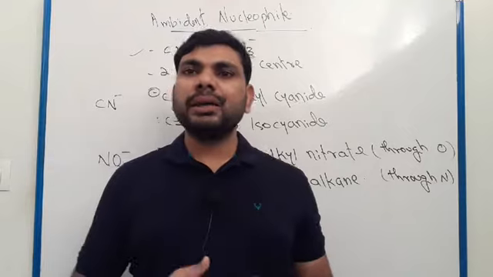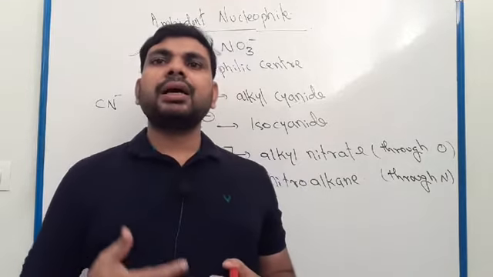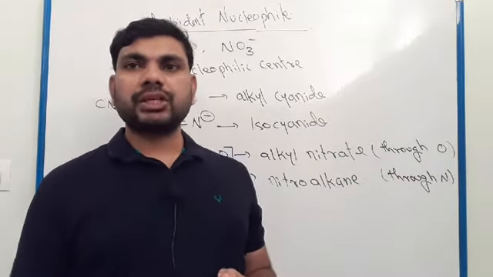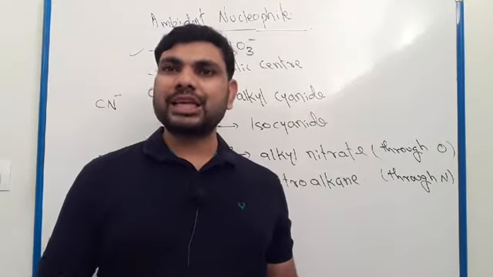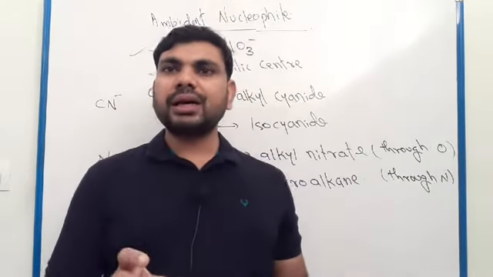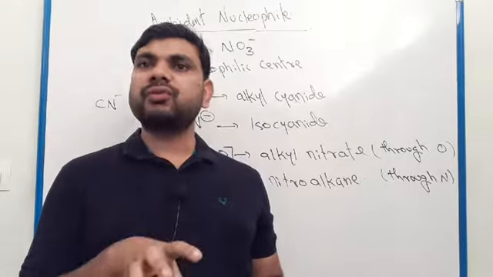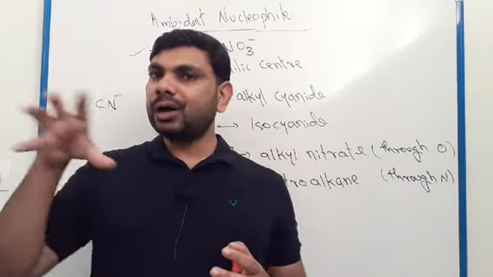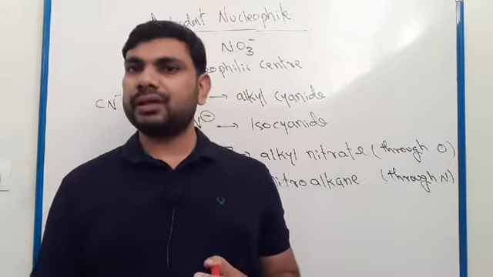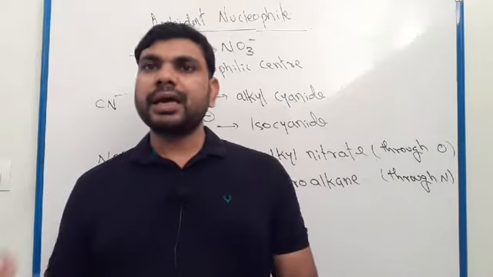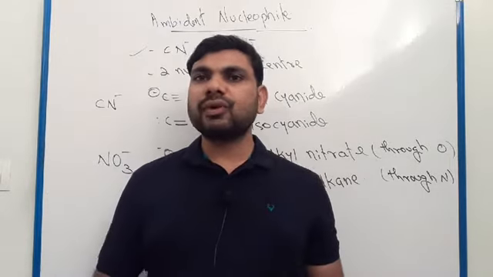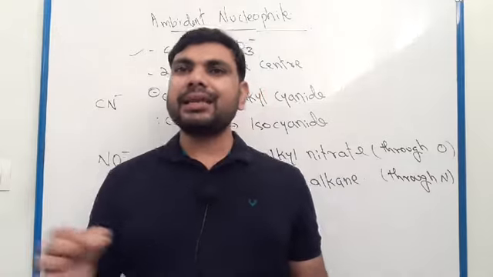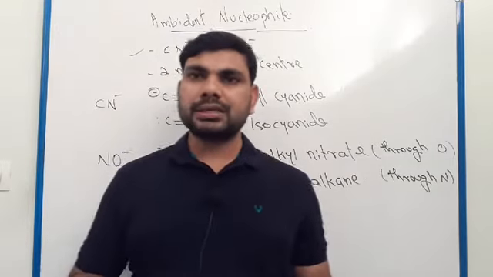Ambident nucleophile means a nucleophile that contains two nucleophilic centers. This nucleophile can bond with a carbon atom in different ways, through different atoms. Examples of ambident nucleophiles are CN minus and NO2 minus.